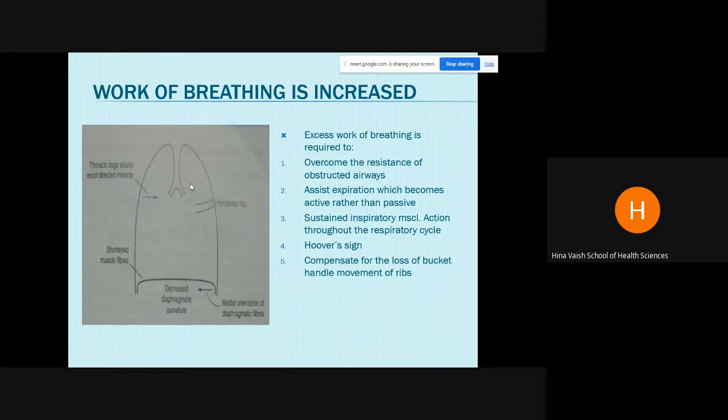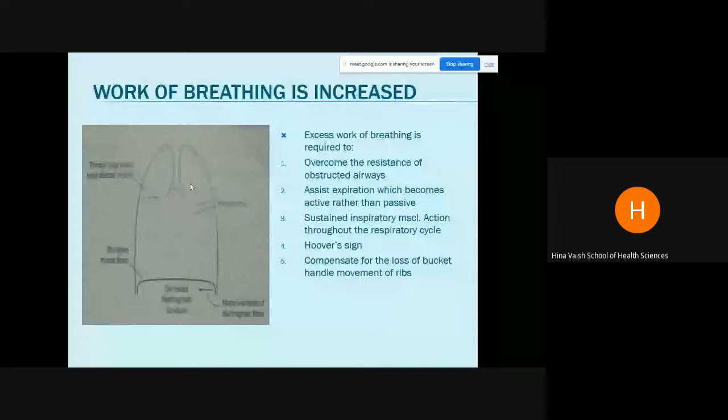Secondly, expiration is a passive process. But in the pathology of these patients, because of the obstruction, they are not able to eliminate the air out. So assistance is given by the body, and it becomes more of an active process rather than a passive one. As anything becomes active, a certain amount of work is done, which in a normal state is not being done.